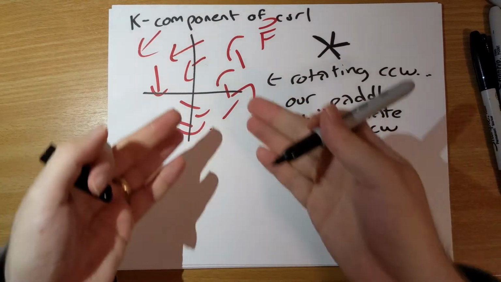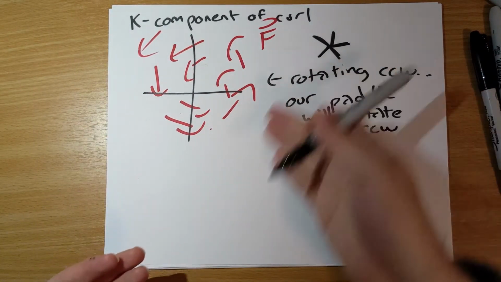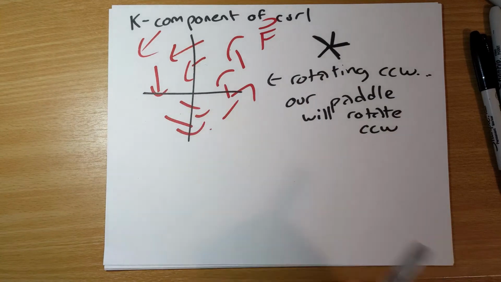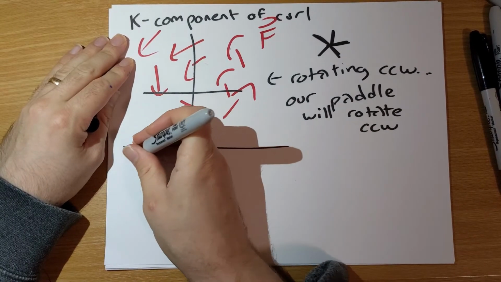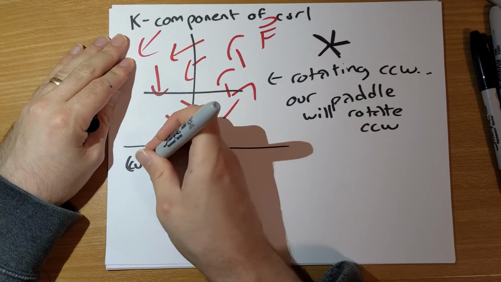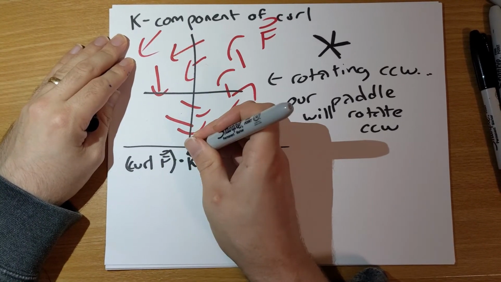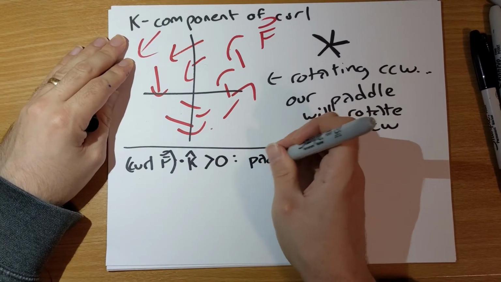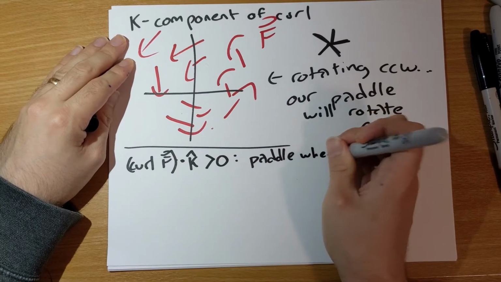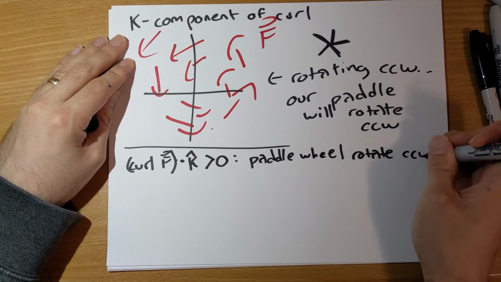But then what does it have to do here? The physical interpretation is, will your paddle rotate at all? If curl of F dot k is positive, if you drop a paddle wheel in, it will rotate counterclockwise.